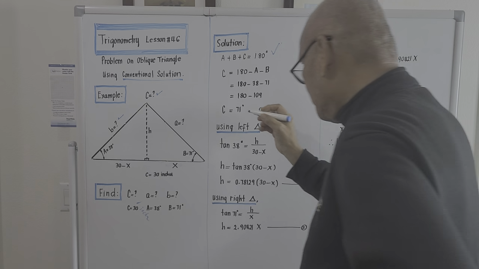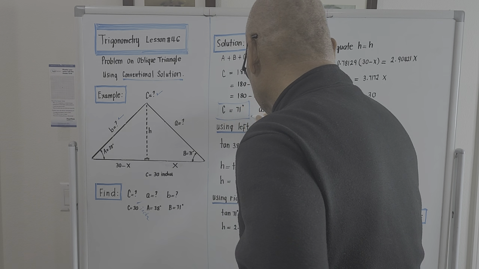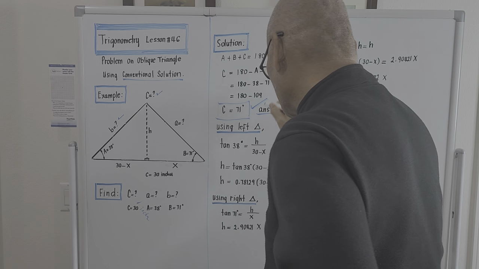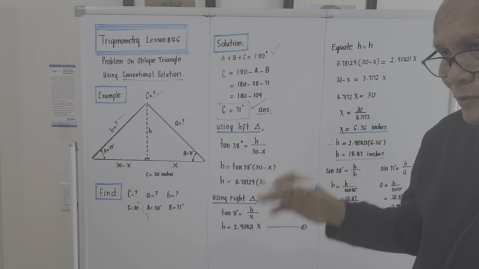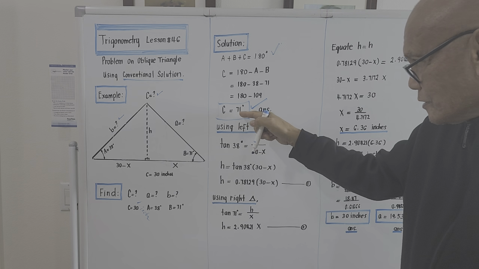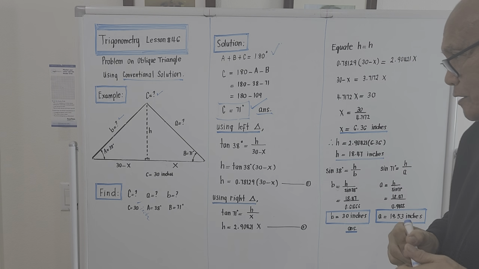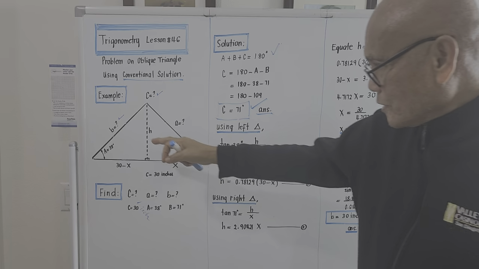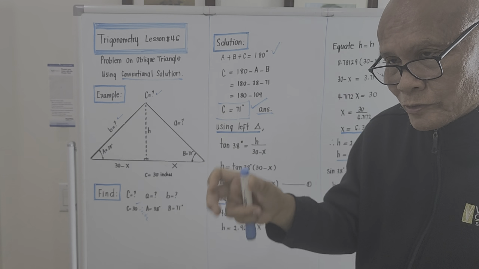So angle C is 71 degrees. Same as from the previous solution, under the sine law, the value of angle C is still 71 degrees. But in the computation for the value of side B and side A, we will be using the conventional solution without using the sine law.